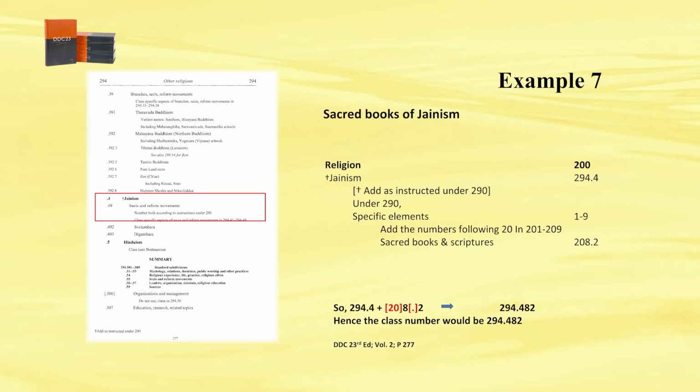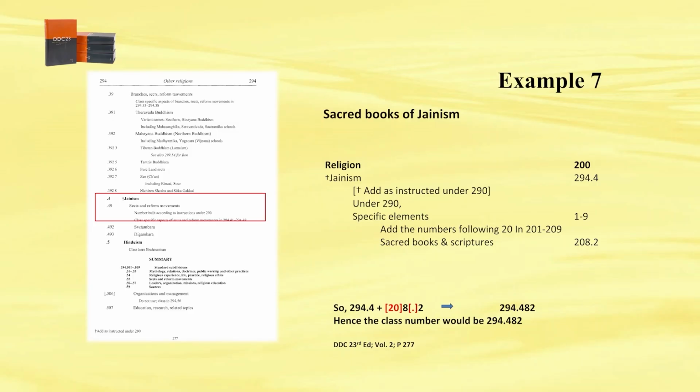And look, Jainism comes with a special cross-like symbol, and at the bottom of page 277 it tells us it represents as instructed under 290. So we have to move to the class 290. There is an extended subdivision where we have found the specific elements under 1 to 9.